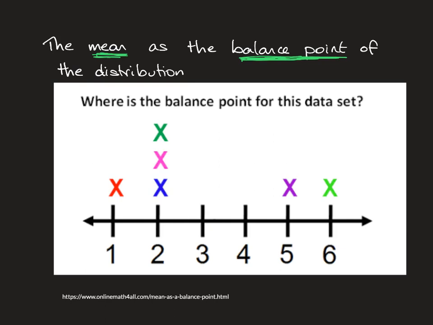Where would you put the little bit that would balance up this distribution? Would you put the balance point here? Or would you move that balance point here or here? Where would you put that balance point so that the whole thing would balance just on that particular point?